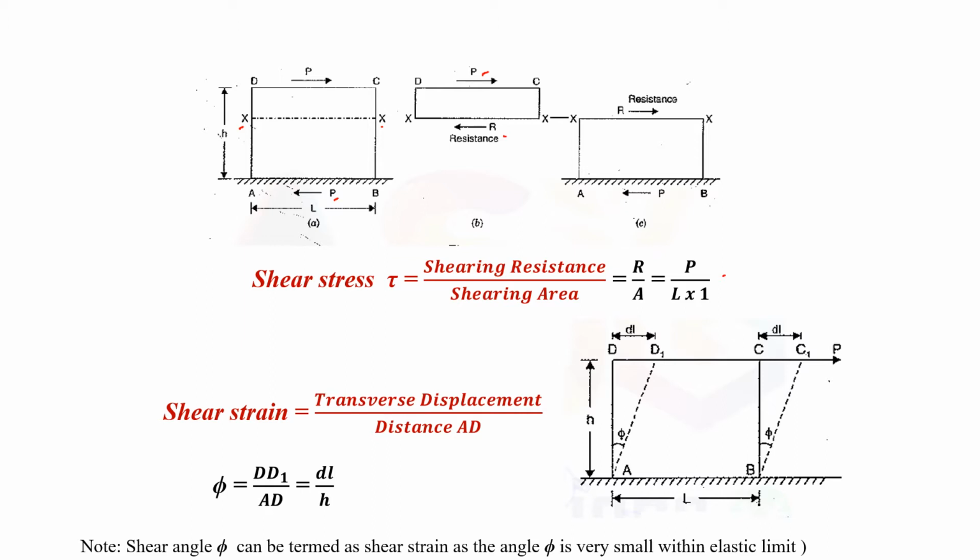And phi is equal to DD1 divided by AD, where DD1 is the transverse displacement. We can represent it as delta L, and AD is the height of the element.